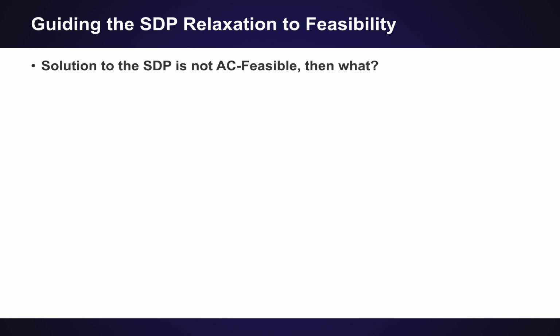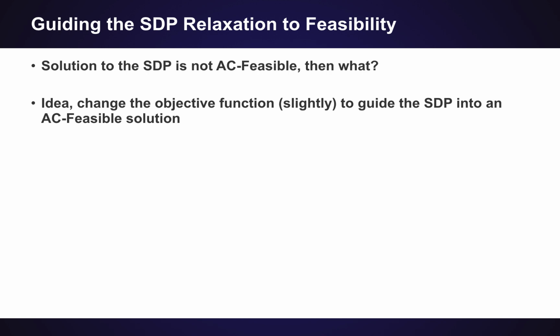So another interesting idea that's come up is, let's say you have your solution to the SDP relaxation, but it's not AC feasible. What can you do then? If you don't want to change your problem, but you just want to find an AC feasible solution, one idea that has been proposed there is to change the objective function slightly to guide the SDP into an AC feasible solution.